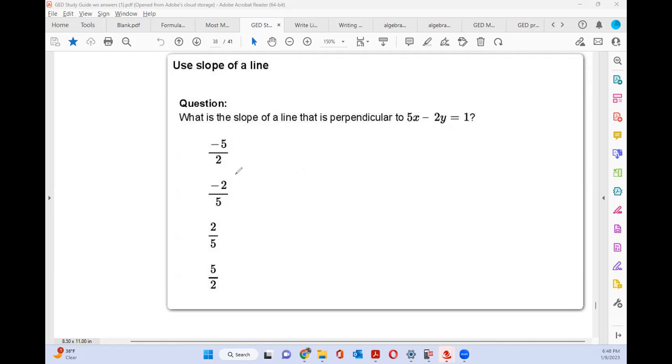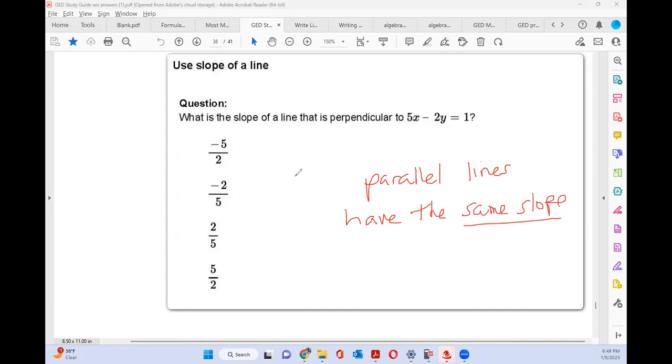Does anybody know? So the slopes of 2 parallel lines are what? Parallel lines have the same slope.